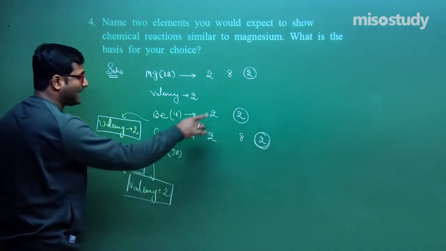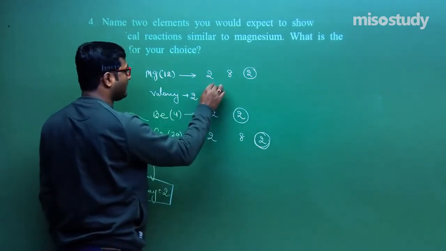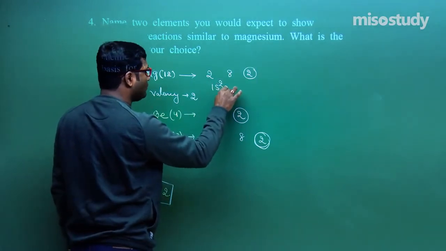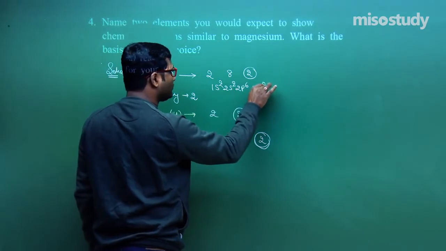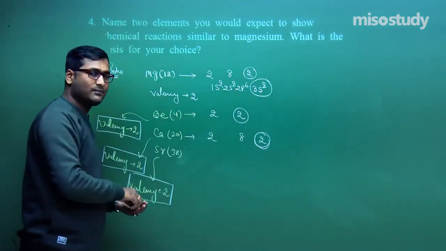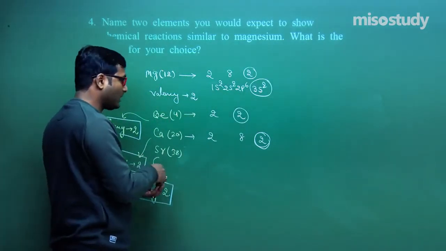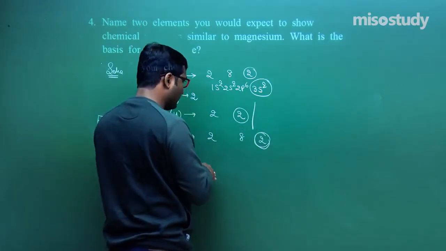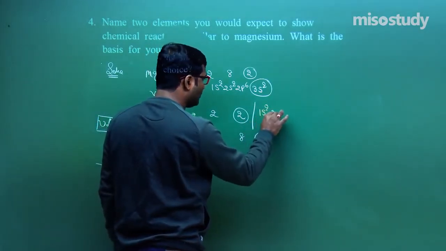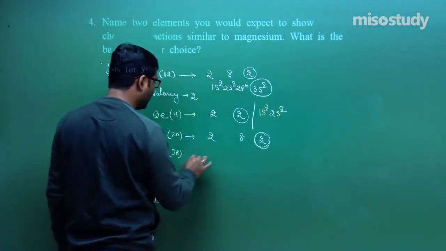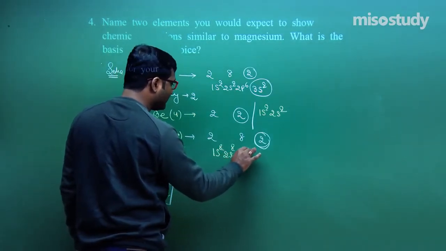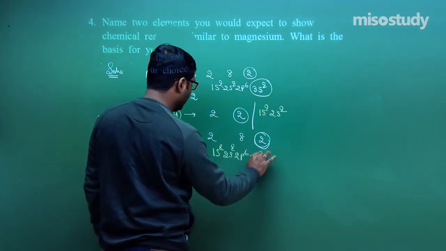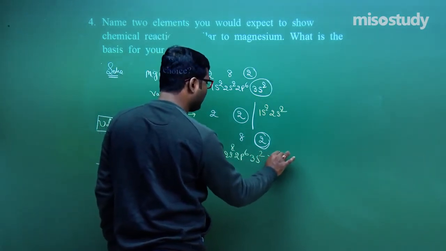If I write the electronic configuration subshell-wise, magnesium is 1s2, 2s2, 2p6, 3s2. For beryllium we write 1s2, 2s2. In the case of calcium we write 1s2, 2s2, 2p6, 3s2, 3p6 and 4s2.